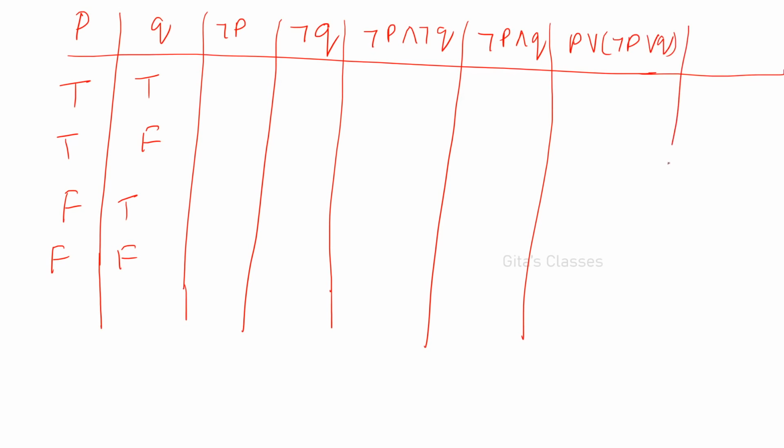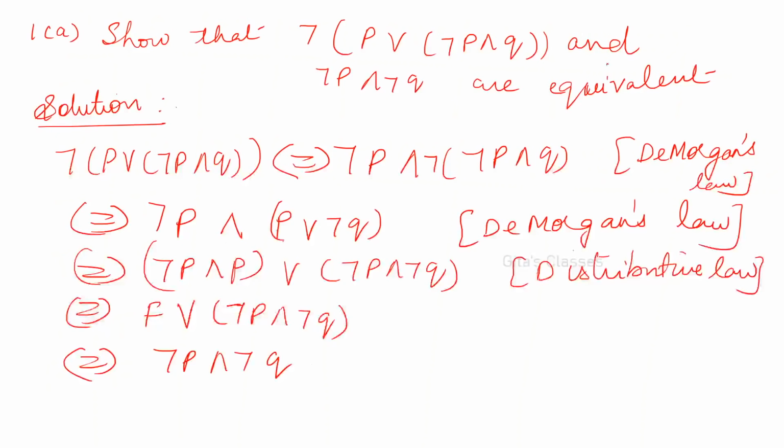Now we want the negation of this. Negation of P or (not P and Q). Sorry, here it is and. Not P, what is and or or?